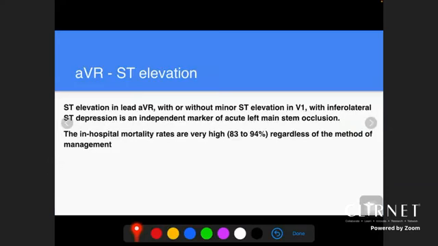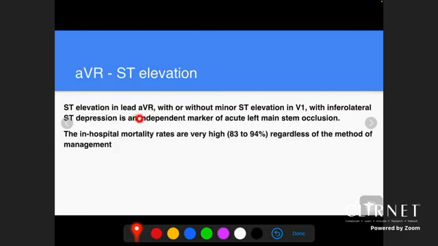Third pattern is ST elevation in aVR. Actually aVR is the forgotten lead because it does not go with a certain territory. We have inferior territory, we have lateral, we have septal, and we have anterior, but aVR is like the maestro of all of this.